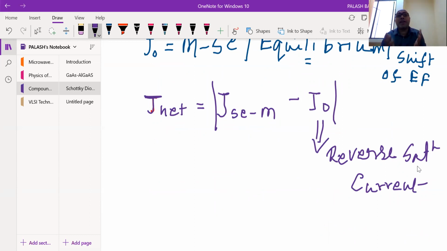J0 is nothing but a current from the metal to semiconductor side, number one. Number two, it is always fixed, whether it is in equilibrium, in forward bias, or in reverse bias, which I am going to show you. So J0 is the equilibrium current. Second, J0 doesn't change with applied voltage. So when you apply some voltage, the J0 value doesn't change.